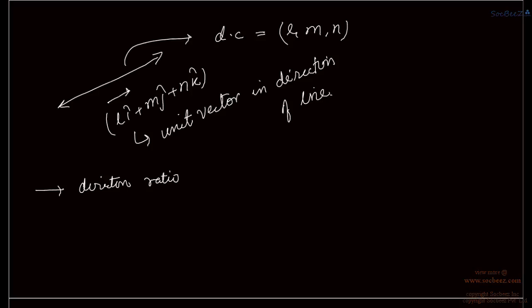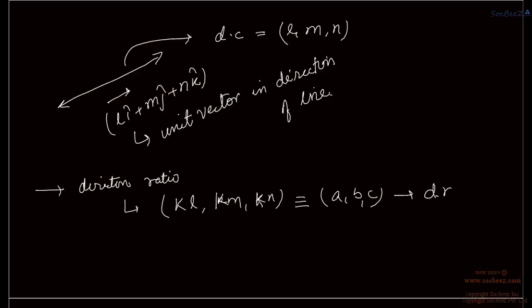Now we have another term, direction ratio. Direction ratio is some multiple times direction cosine. Direction ratio is some constant times direction cosine, say KL, KM, KN. So we call it as A, B, C as direction ratio. If ABC is direction ratio, then it means that A, B and C are some multiples of L, M and N, where K is same in all the cases.